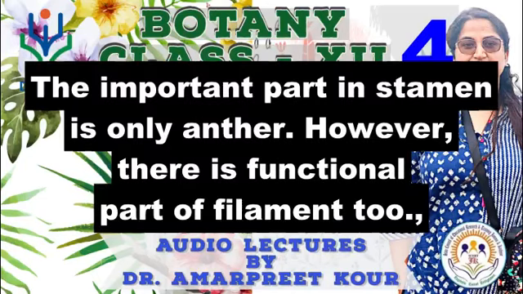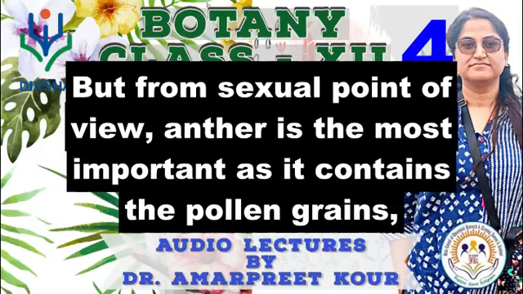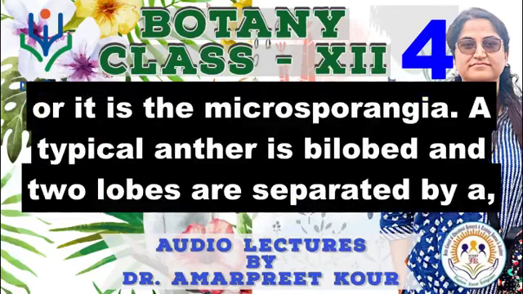The important part in stamen is only anther. Okay. However, there is functional part of filament too, but from sexual point of view, anther is the most important as it contains the pollen grains, or it is the microsporangia.